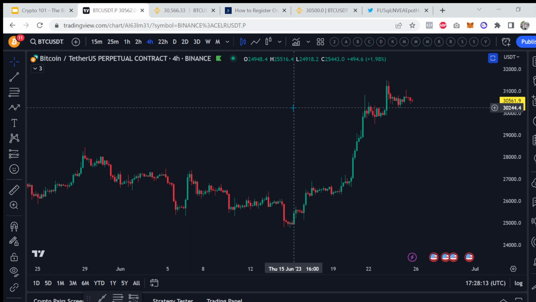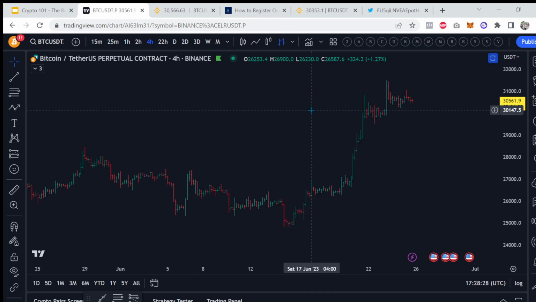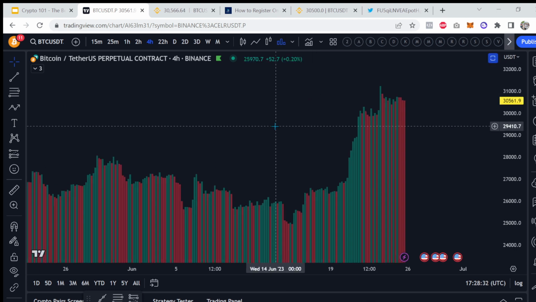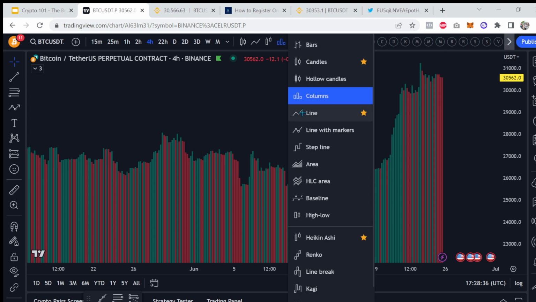Even before that, let's talk quickly about the various types of charts we have. Like I mentioned, this is a candlestick chart. On TradingView there are various types of charts, and you can see them here. There's a bar chart, a hollow chart, column charts, and various other chart types when it comes to trading. And then there's a line chart.